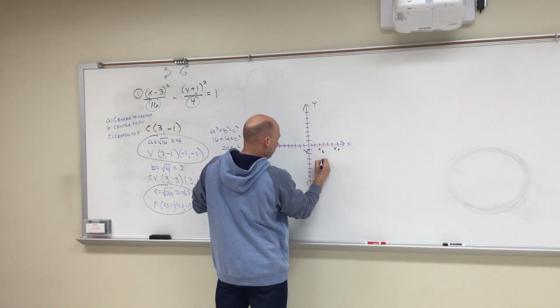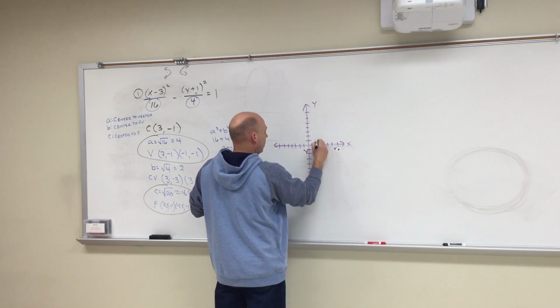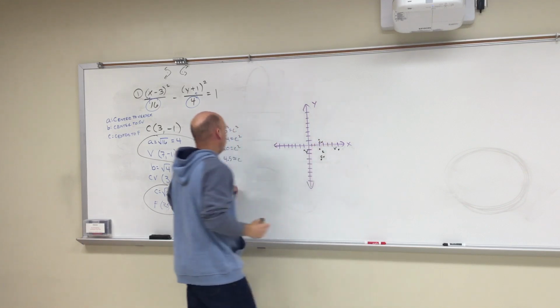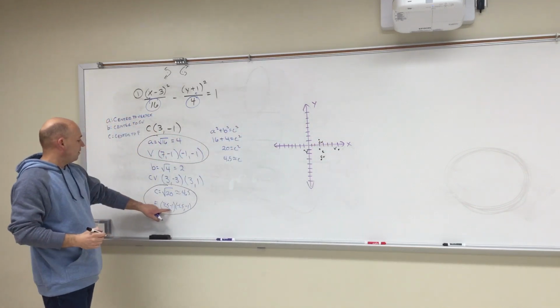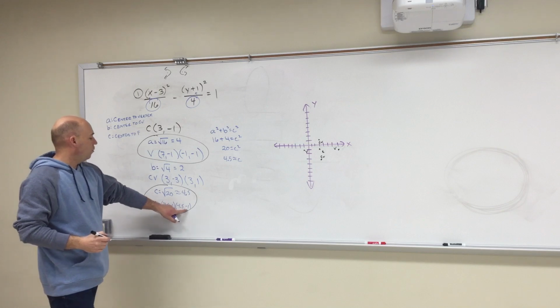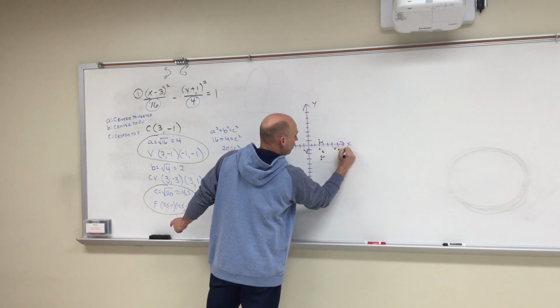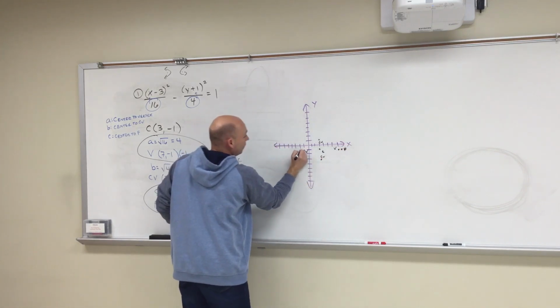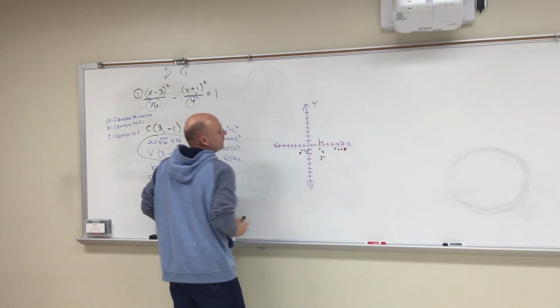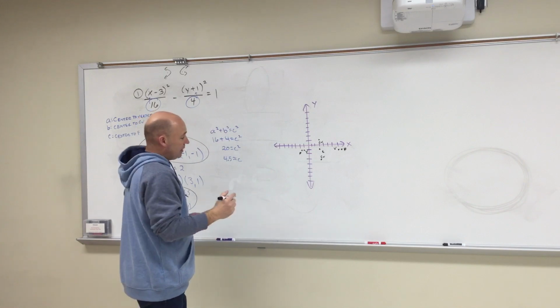And then my foci are 7.5, negative 1, and negative 1.5, negative 1, which would be about right here and about right here.